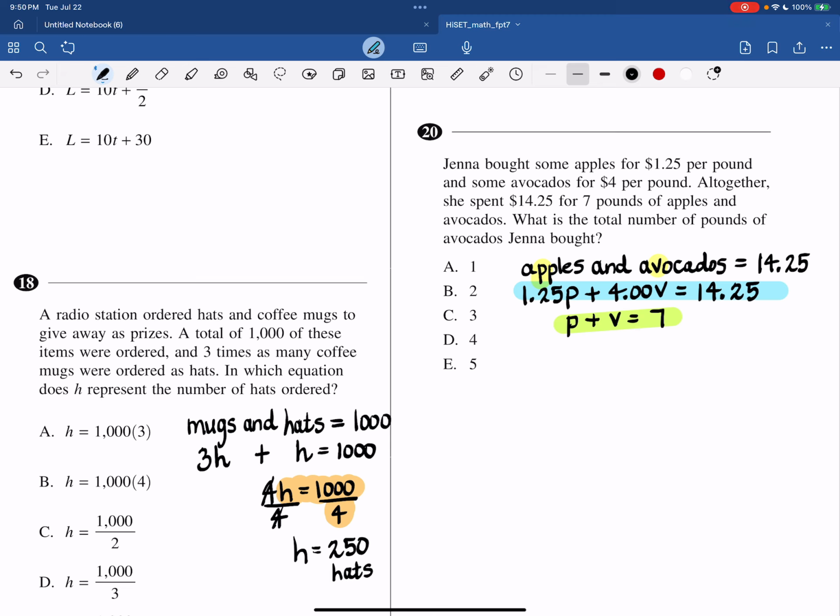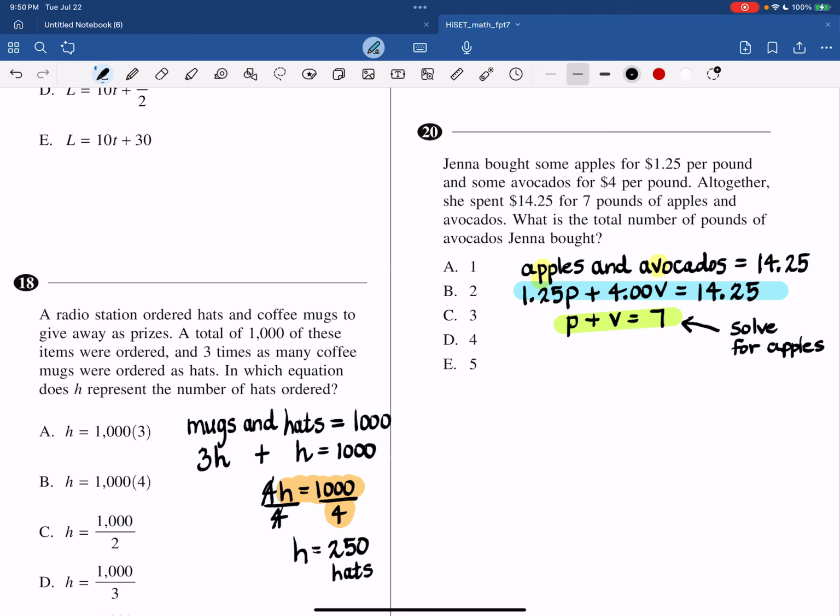This is a system of equations, and these are always pretty tough. I'm going to work with this one. Since I'm looking for the total number of pounds of avocados that Jenna bought, I'm going to solve this one for P. If I'm looking for avocados, I want to solve for apples. And I'll show you why in just a second.